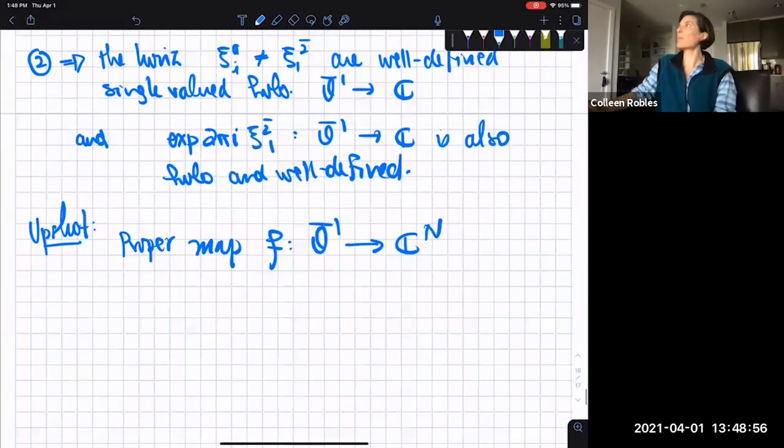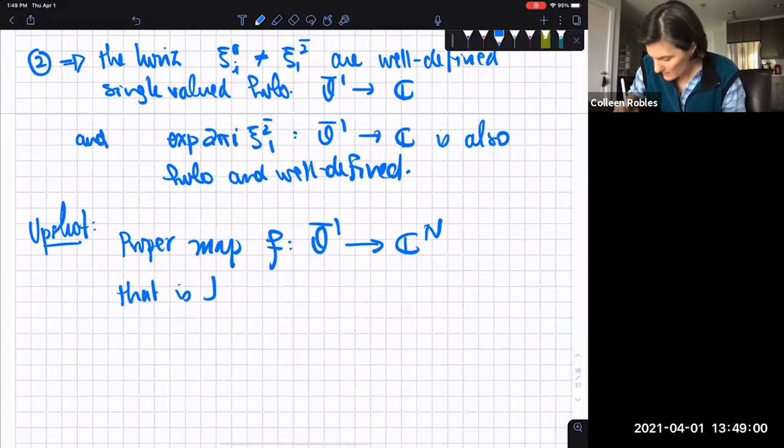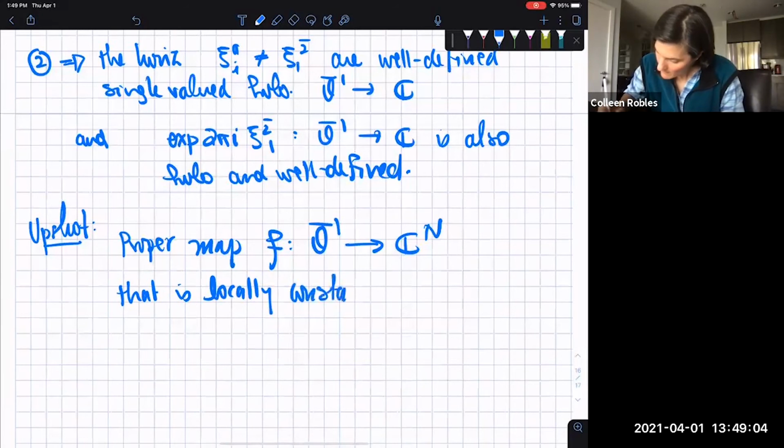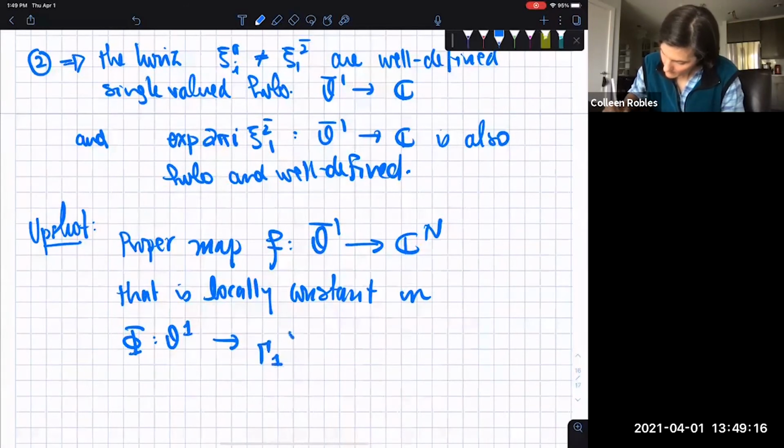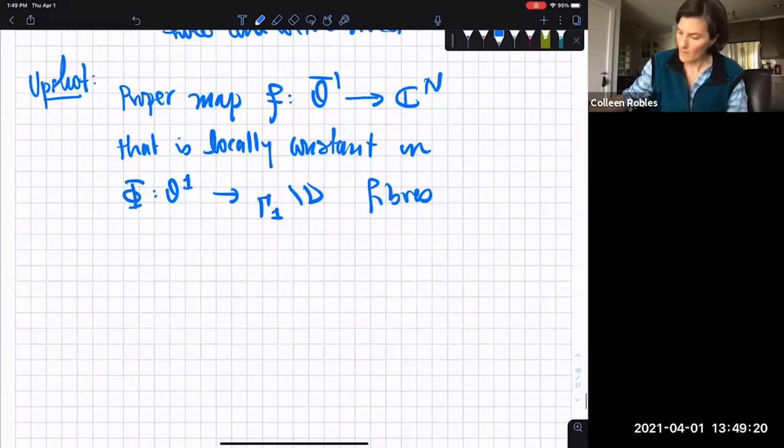It's a proper map that is locally constant on fibers, and vice versa.